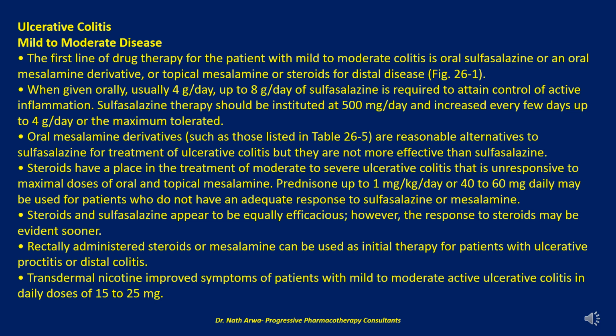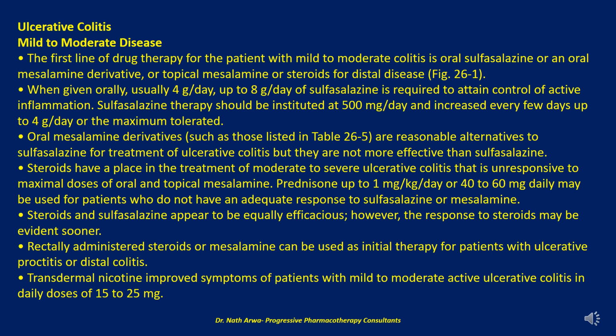Prednisone up to 1 mg per kilogram per day or 40 to 60 mg daily may be used for patients who do not have an adequate response to sulfasalazine or mesalamine. 5. Steroids and sulfasalazine appear to be equally efficacious. However, the response to steroids may be evident sooner. 6.